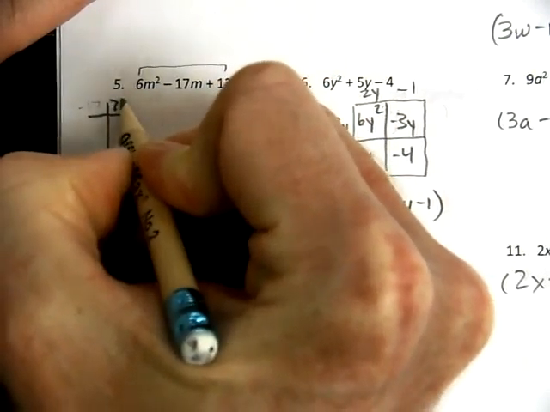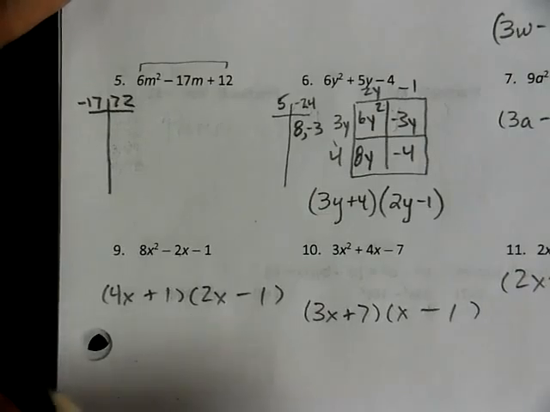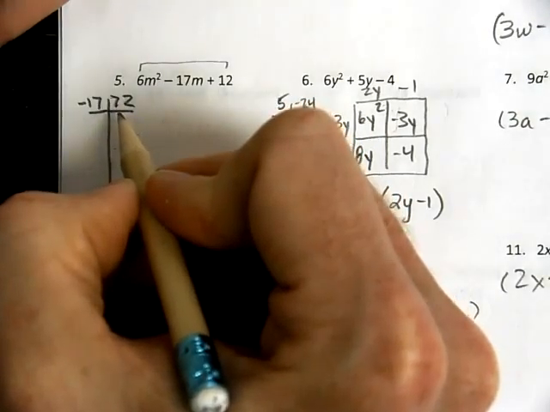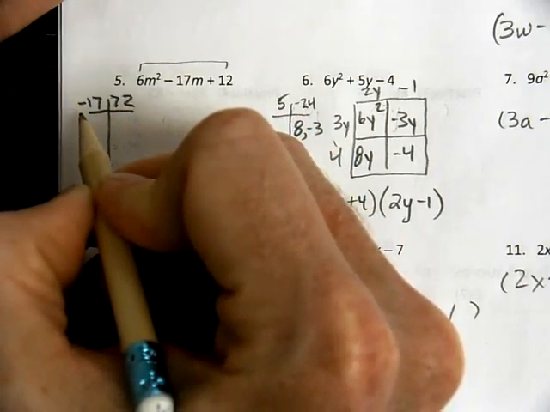What multiplies to be 72 and adds to be negative 17? Both numbers need to be negative. That's how you get a positive 72. That's how you add to be a negative.